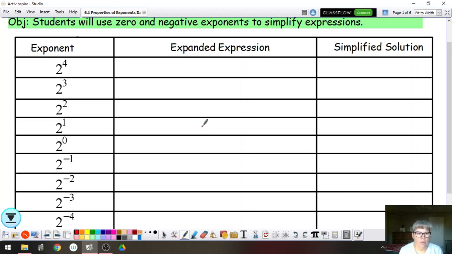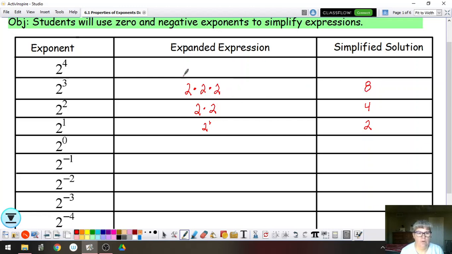We know that 2 to the first power is 2. We know that 2 to the second power means 2 times 2, which is 4. And 2 to the third power means 2 times 2 times 2, which is 8.